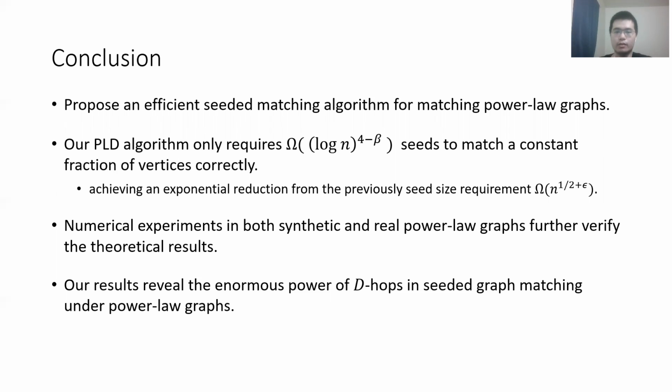This result achieves an exponential reduction from the previous seed size requirement. Numerical experiments in both synthetic and real power law graphs further demonstrate that our algorithm significantly outperforms the state-of-the-art algorithm. Therefore, our results reveal the enormous power of D-hop in seeded graph matching on power law graphs.